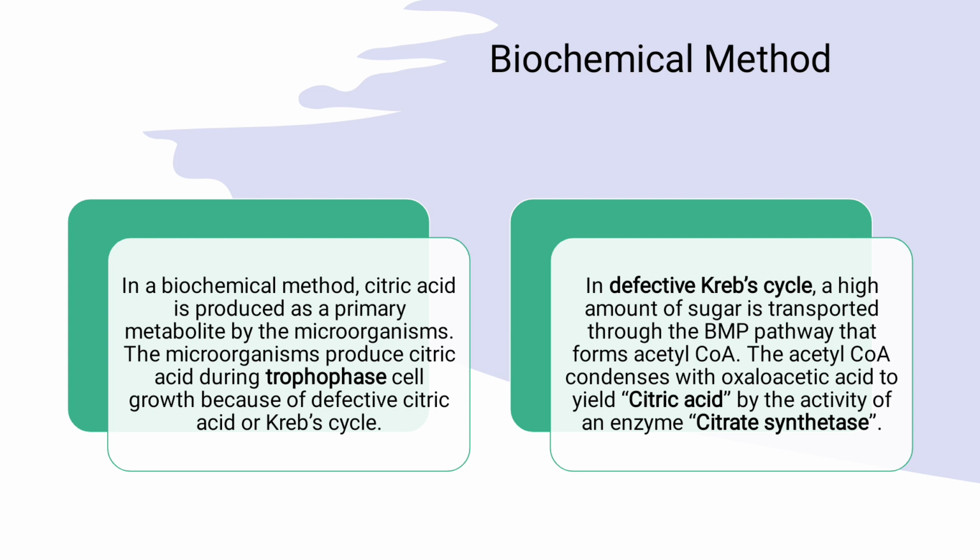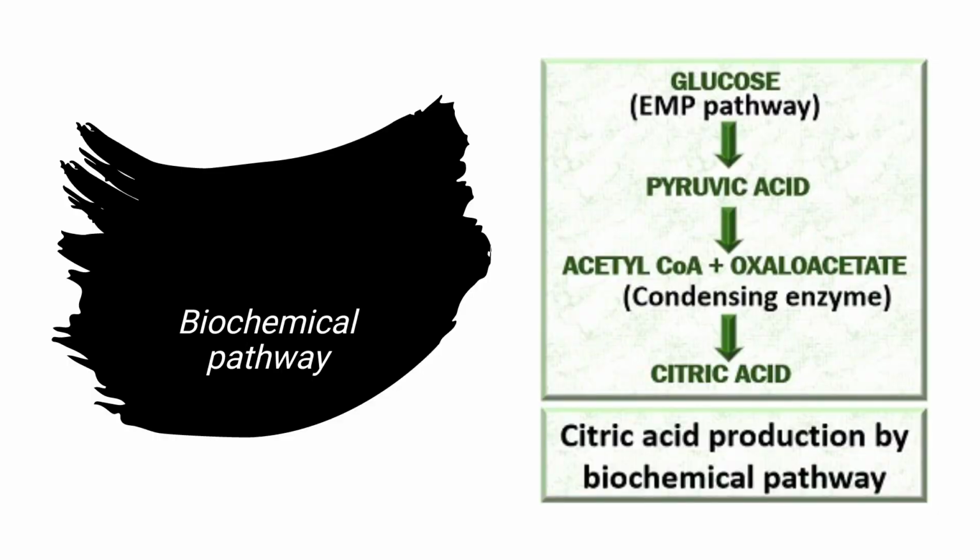The formed acetyl-CoA condenses with oxaloacetic acid to yield citric acid by the activity of the enzyme citrate synthetase. This is the biochemical pathway: glucose produces pyruvic acid by means of the EMP pathway, then acetyl-CoA plus oxaloacetate is formed, and by the condensing enzyme, citric acid is formed.